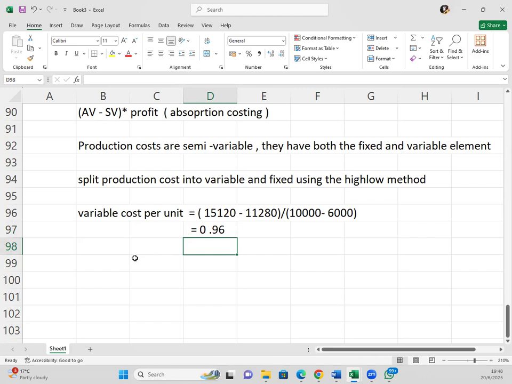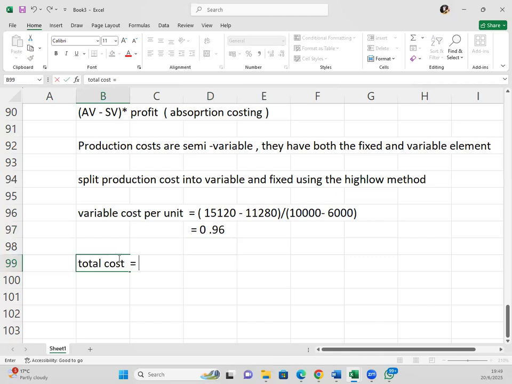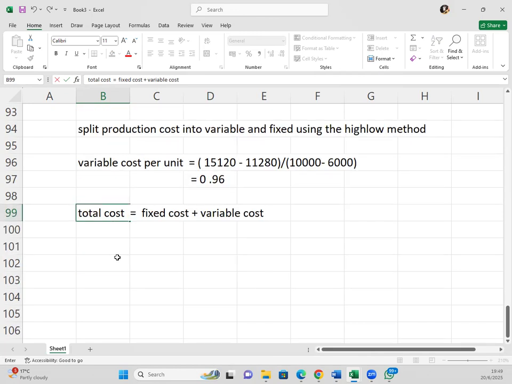So the total cost is equal to the fixed cost plus the variable cost. The total cost comprises the fixed cost plus the variable cost.